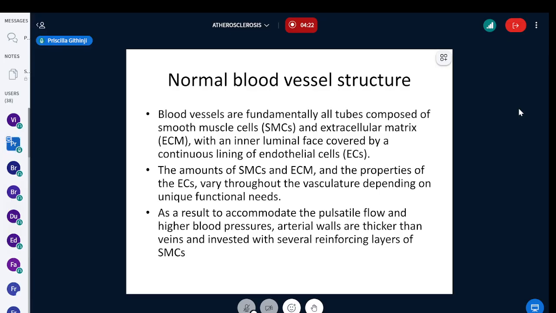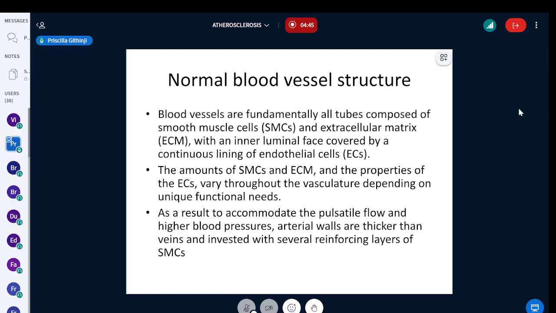Blood vessels are fundamentally tubes. You've gone through anatomy. They are tube-like structures composed of smooth muscle cells and an extracellular matrix, with an inner luminal face covered by a continuous lining of endothelial cells.